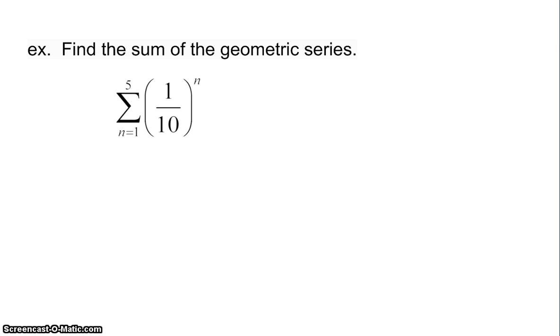Now this one is the same thing. It's telling us to find the sum. It's just written in the summation notation. So this is again telling us to find the sum from the first term to the 5th term. So it's really the first 5 terms.